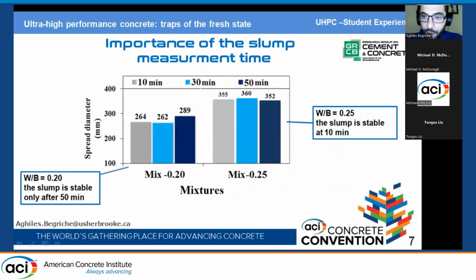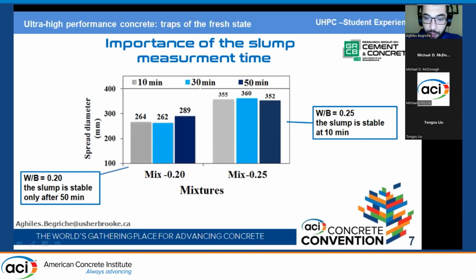And we can easily observe that the maximum slump flow is achieved only after 50 minutes for the first mixture, in opposition to the second one, where the slump flow is generally stable during all 50 minutes of the age. So it's very important to consider the measurement time seriously for an optimization of the mix design and a comparison between mixtures' behavior. Otherwise, we can easily have surprises and impact the study.